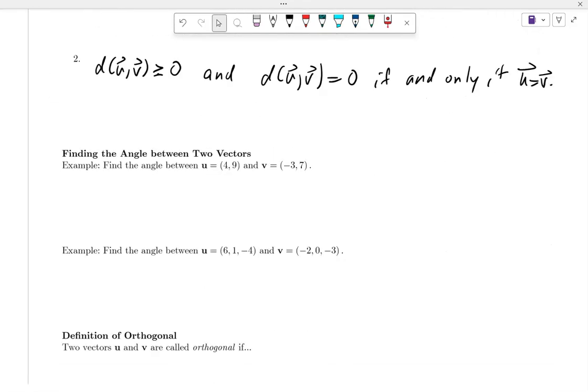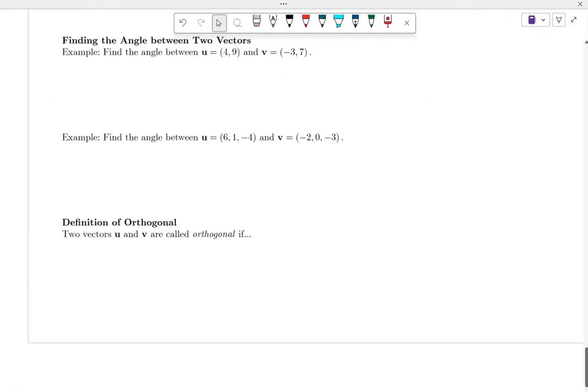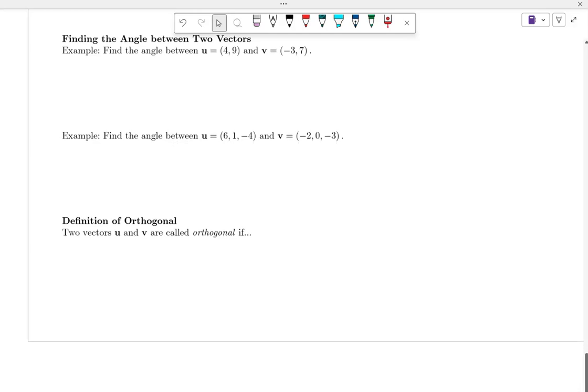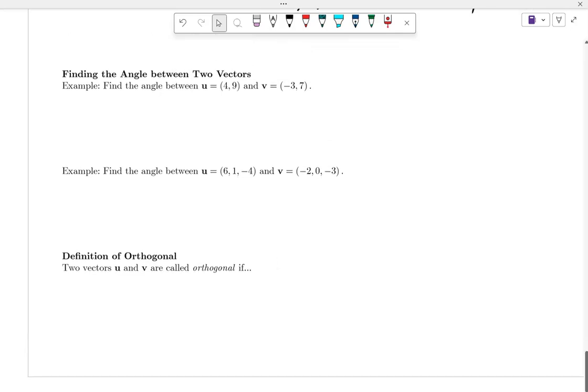All right. Let's see if we can finish this off and then go to the next little handout that I'll have for you today. So this is just kind of tying up everything that we talked about. Remember, we have a formula for angle. We said that the cosine is equal to the dot product over the lengths.